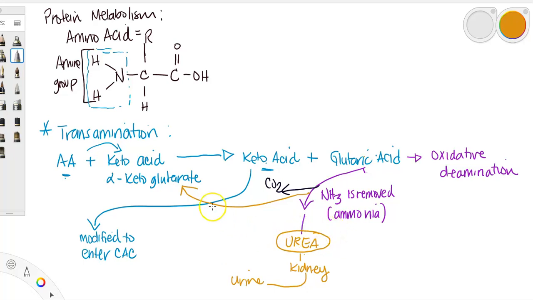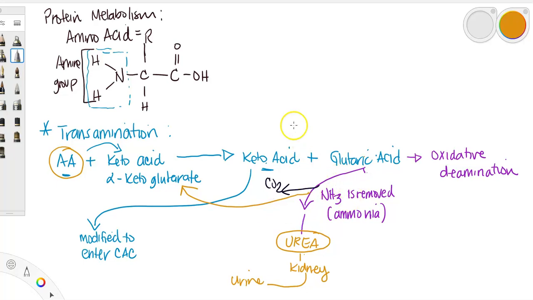Once that happens, it can enter this process again with another amino acid, and the same thing can occur again to metabolize the amino acid.